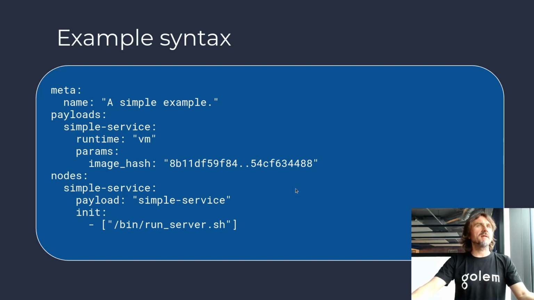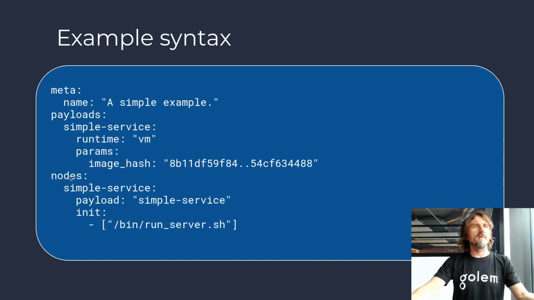And here we have an example of such an application. It consists of a single payload that uses a virtual machine runtime, and we provide its image hash, which allows the image for this container to be pulled from our repository. And then we define the structure of our application.